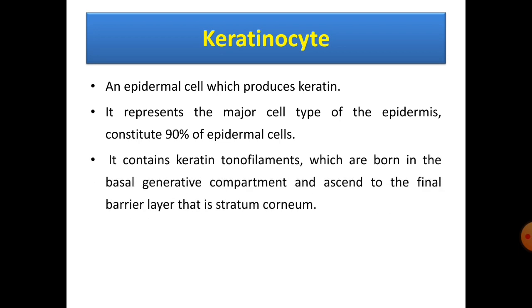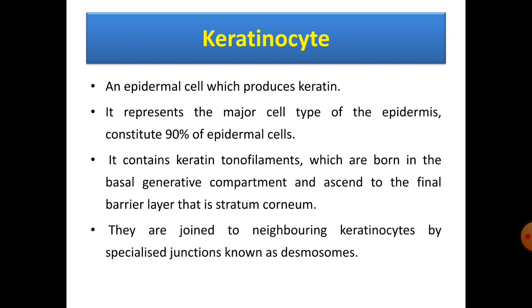It contains keratin tonofilaments, the filaments present in the cytoplasm of the keratinocyte, which are born in the basal generative compartment, the bottom layer of the epidermis, and then ascend toward the final barrier layer, the stratum corneum. They are joined to neighboring keratinocytes by specialized junctions known as desmosomes.